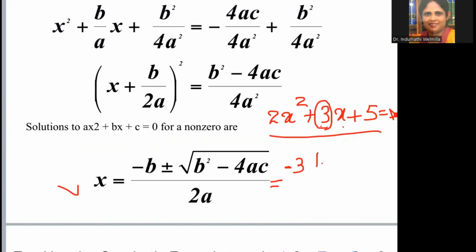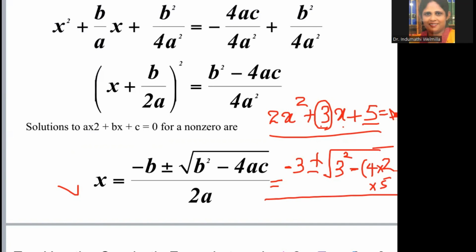Plus or minus, then according to the given formula, b squared means 3 squared minus 4 multiplied by a, here 2, again multiplied by c, here c equals 5, right? And you need to get the square root of those values.